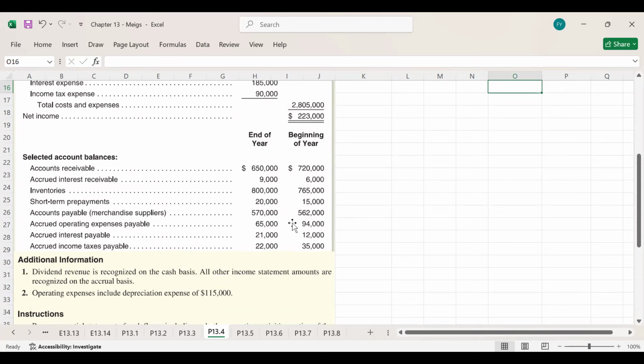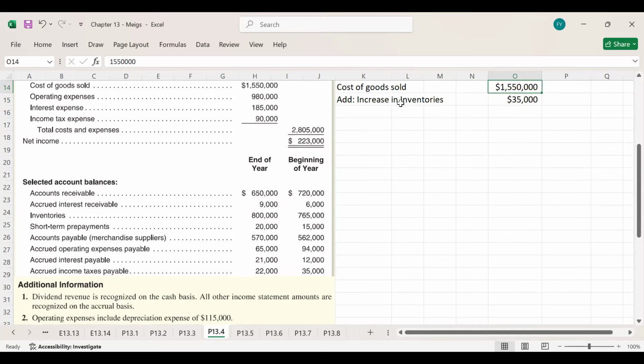So there is an increase of $8,000 in the accounts payable to the supplier. When there's an increase in accounts payable to the supplier, it means that the company has purchased inventory on credit but has not yet paid for it. So, in order to calculate the actual cash paid for inventory, we subtract any increase in accounts payable from the cost of goods sold, as a portion of purchases was actually not paid.